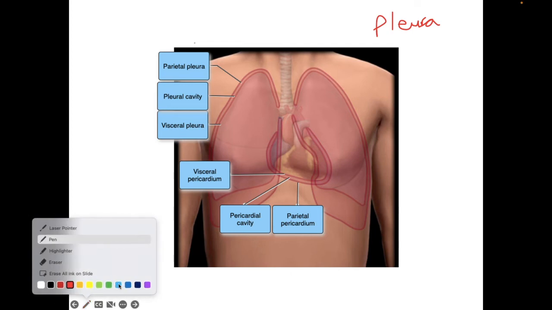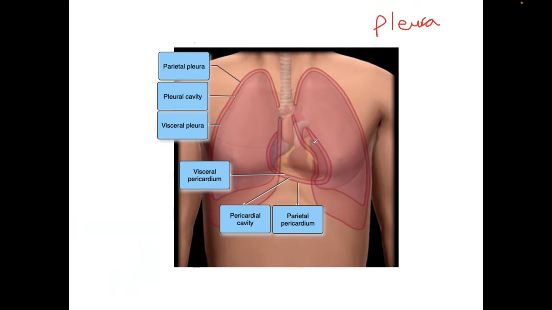Let's make this bluish. So here in the heart, let's look at this layer right here on the inside. When it's on the inside, it's touching the actual organ or the viscera. So that's called, since it's the heart, that's the visceral pericardium.